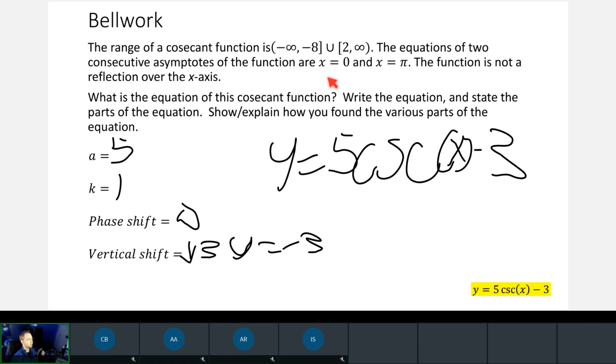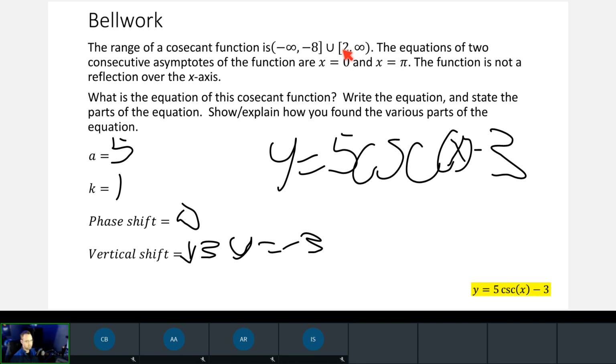And probably a mathematical approach that you'd want to do is looking at the range here, and how from -8 to 2 you have a gap, and the absolute value of -8 minus 2 is 10. So the gap is 10, and half of that would be the amplitude. So mathematically, if you describe something like that, I would take that too.